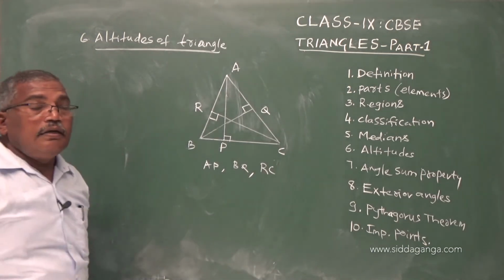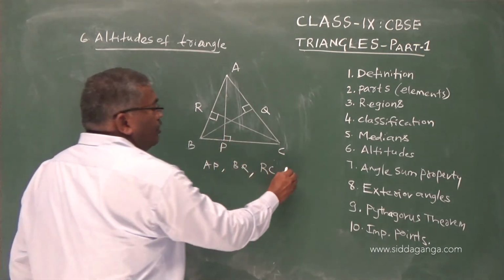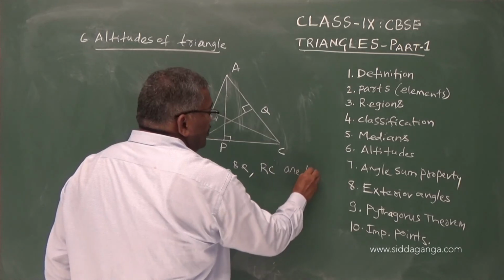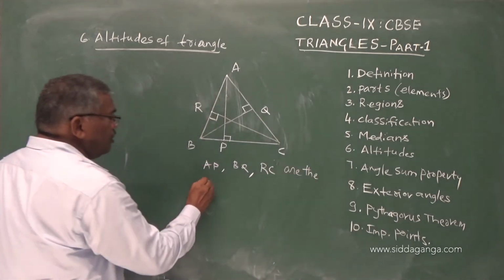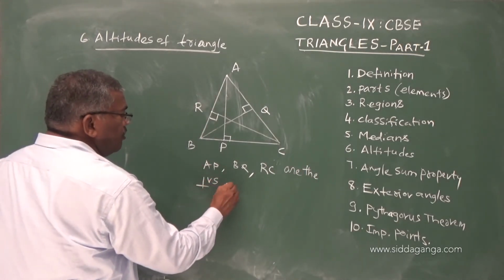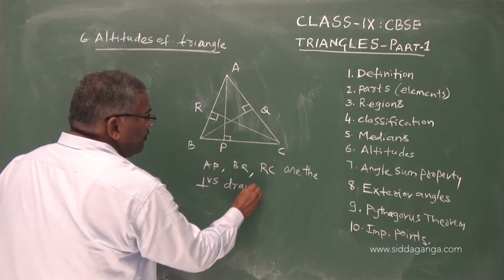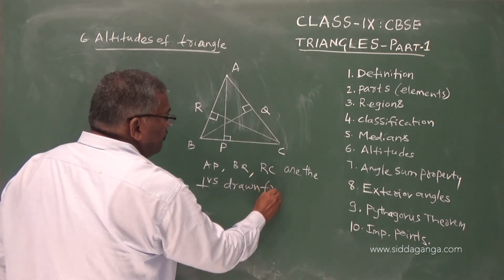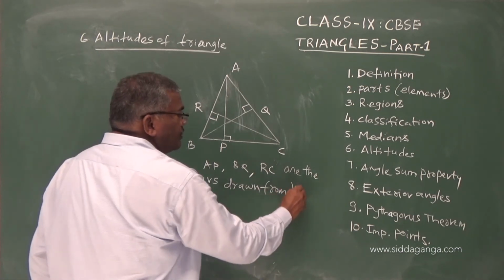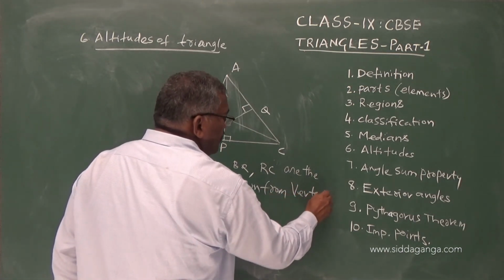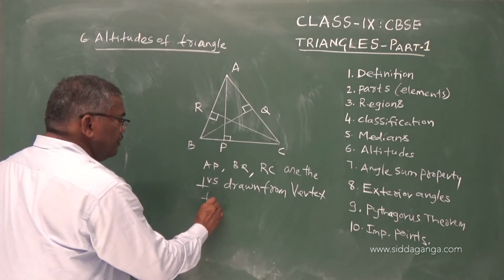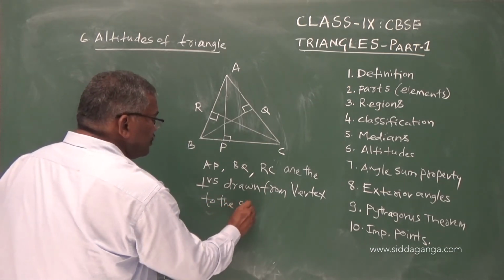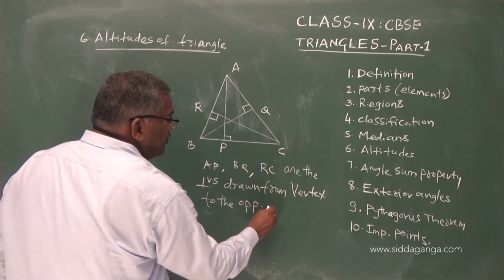These three altitudes are the perpendiculars drawn from the vertex to the opposite side.